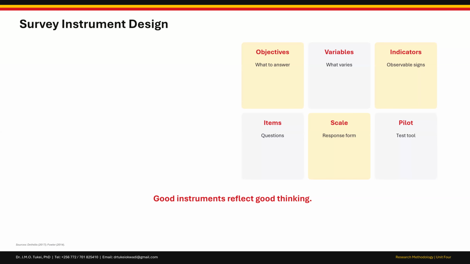As you are designing your research instrument, you ought to look at those measurable items. Get them, carry them to the research instrument. If they are not in the research instrument, you are going to collect wrong data, because good instruments reflect good thinking.